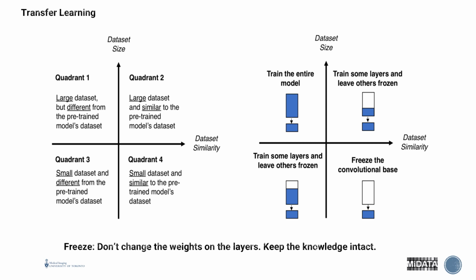But in this case, you're probably going to have to unfreeze more than, for instance, in quadrant 4, where you're going to leave everything frozen. So this just gives you an idea of how you should approach using the transfer learning technique.